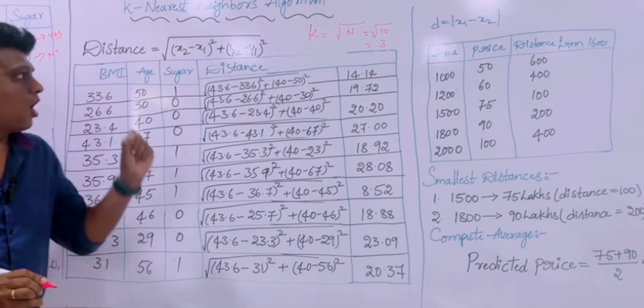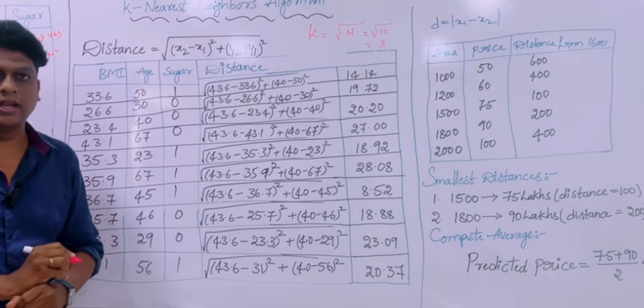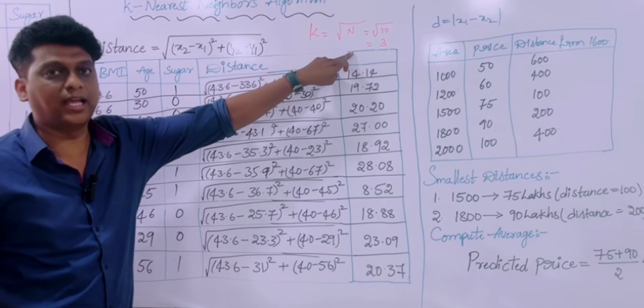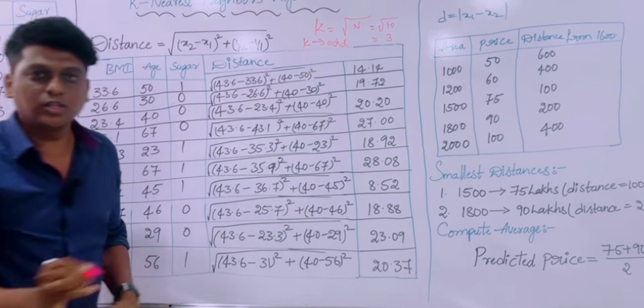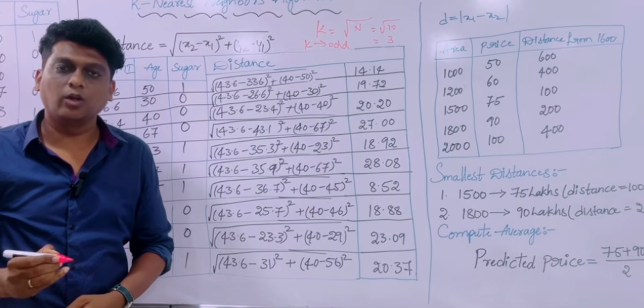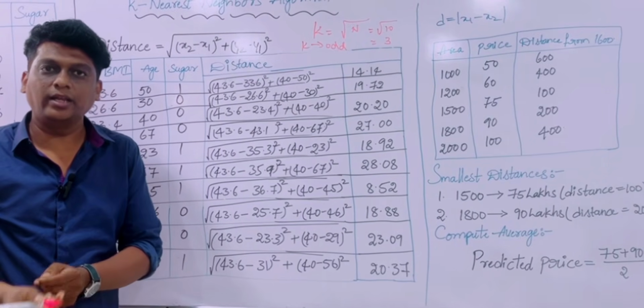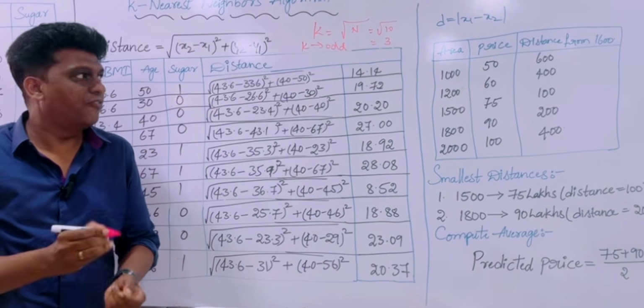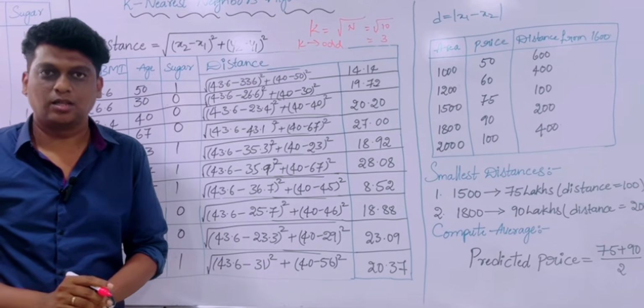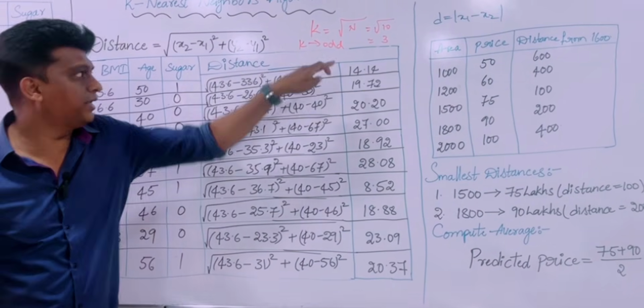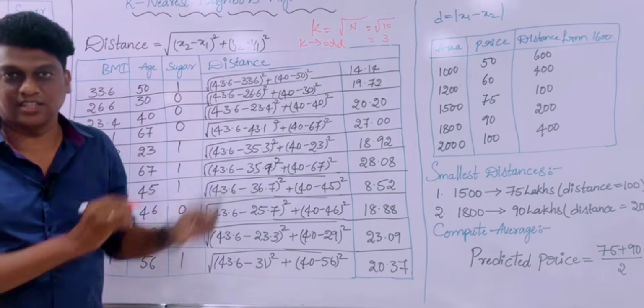For all the classification examples in KNN we should take k as an odd number. Why we choose an odd number: only then can we get the voting on one side. If it is an even number, sometimes the votes can be split into two classes. So we should always keep k as an odd number in the case of classification.